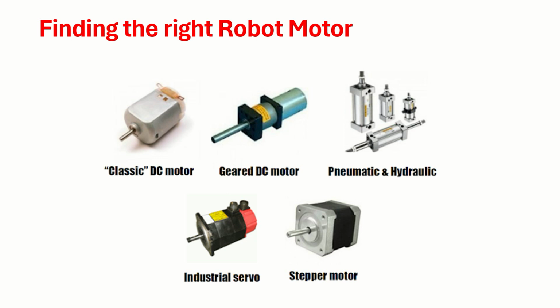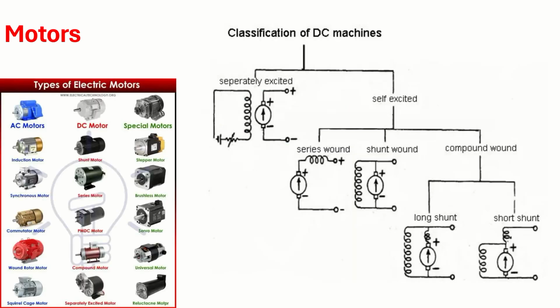This itself is a very interesting subject because it's all about electromechanical things. If you look at the classical motors, generally we classify them as AC motors, DC motors and some special types of motors. AC motors are called induction motors, synchronous motors, commutator motors, wound rotor motors, squirrel cage motors.